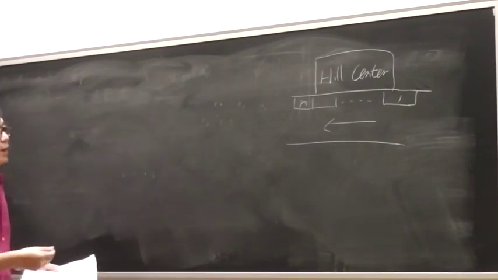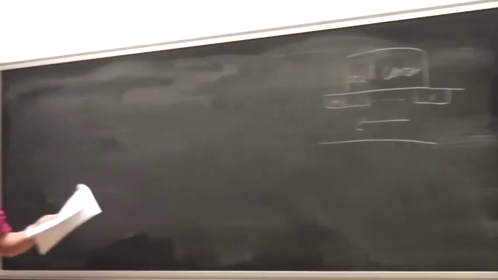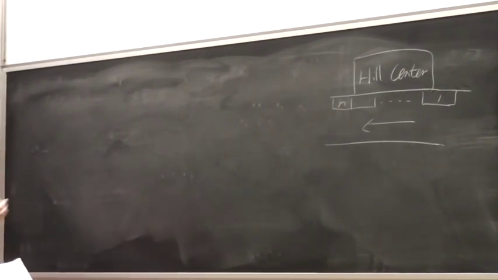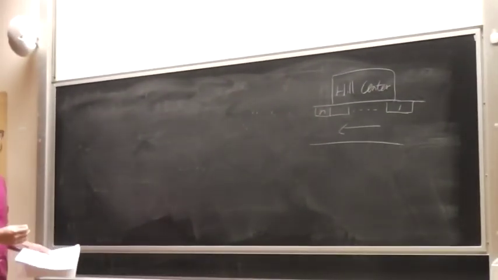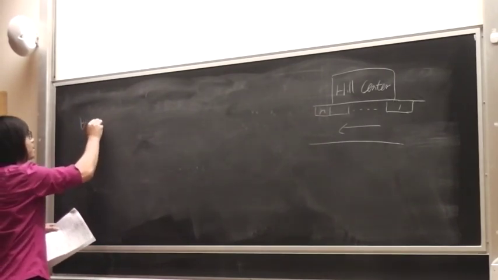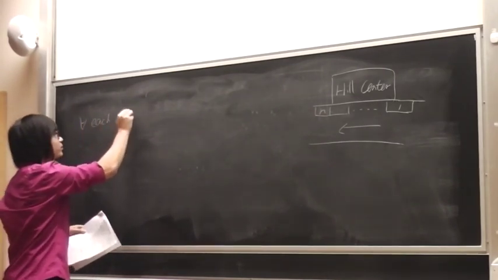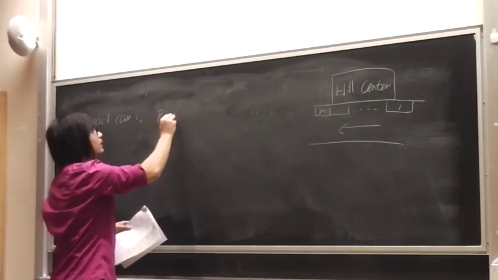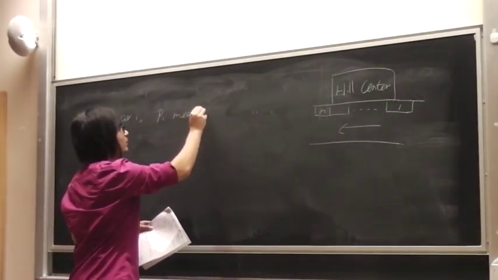So we assume that one day all the n cars that have parking permits come to park one by one. So every car has its favorite parking space. For each car i, we use Pi to denote its favorite parking space.